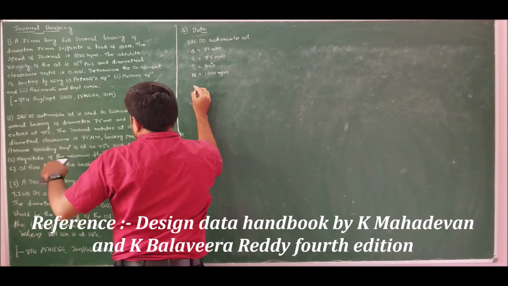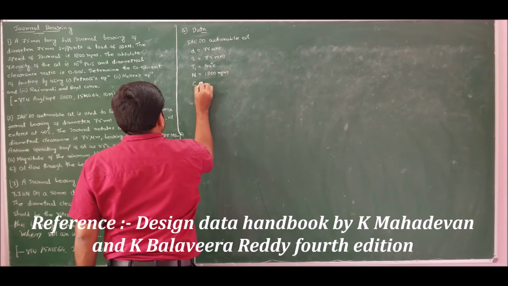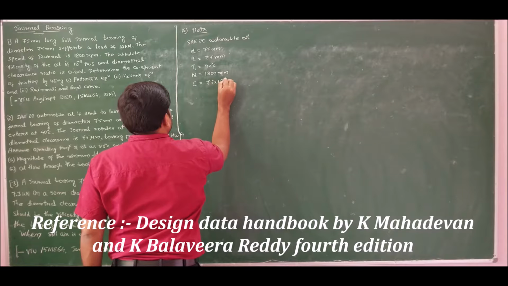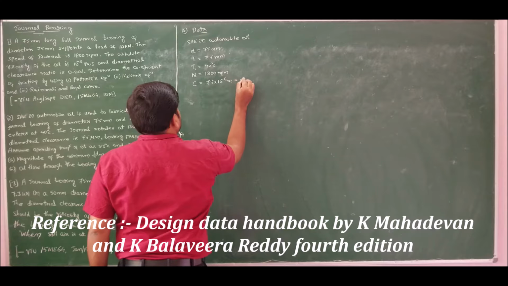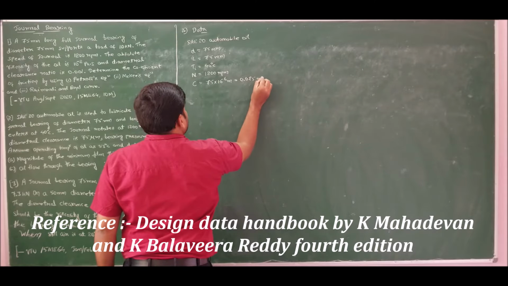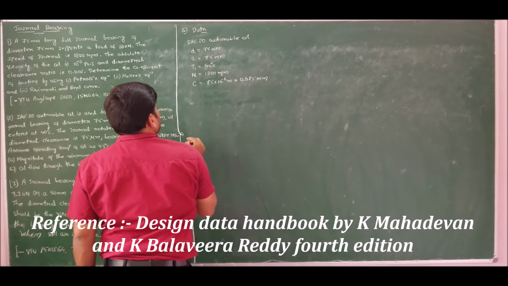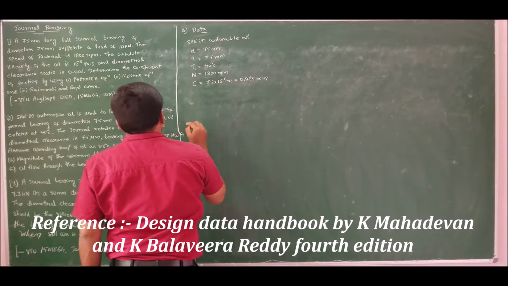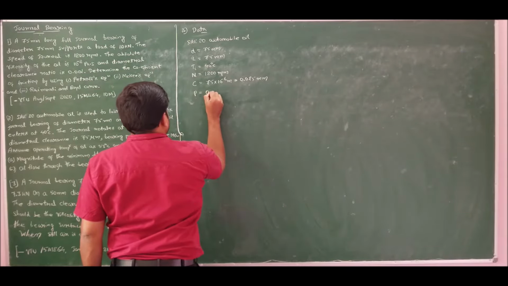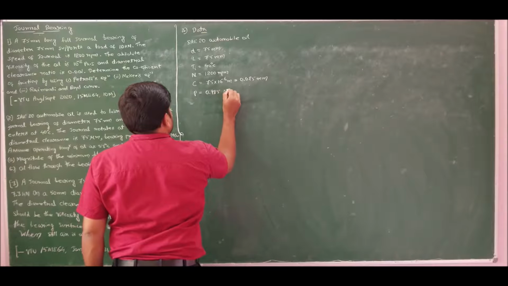The diametrical clearance is given as capital C, which is 75 micrometers, that is 10 to the power of minus 6 meter, which is nothing but 0.075 millimeters, or 75 into 10 to the power of minus 3. Bearing pressure is given as 0.985 megapascals.